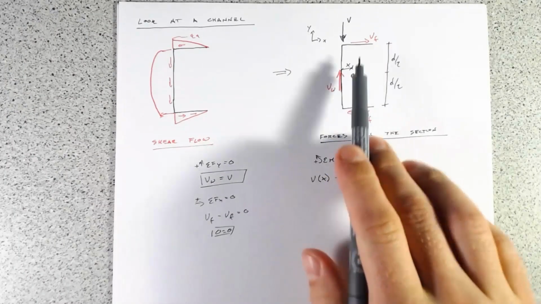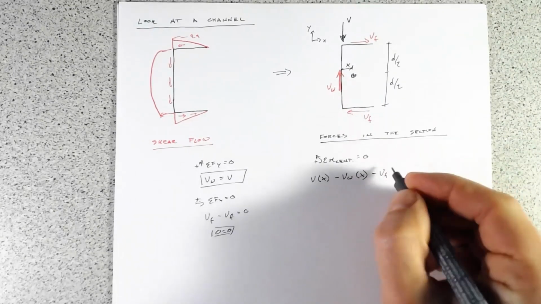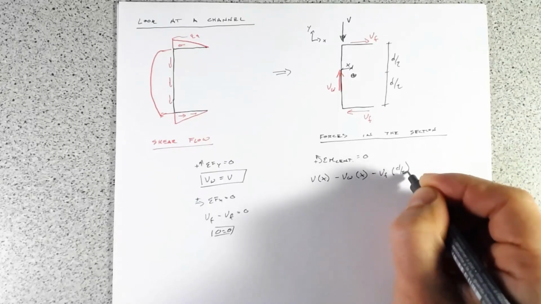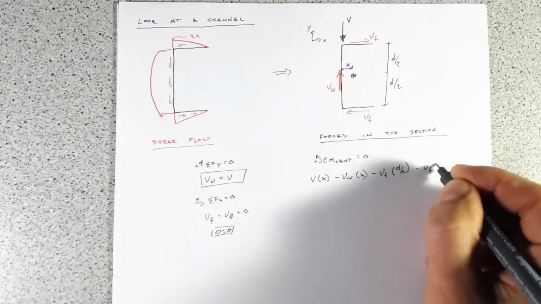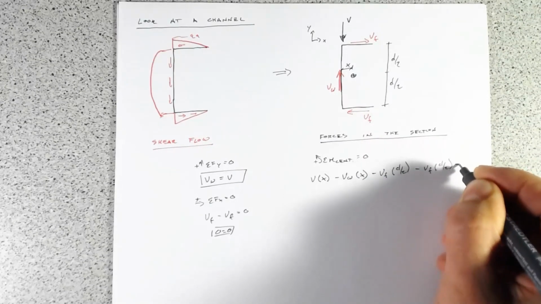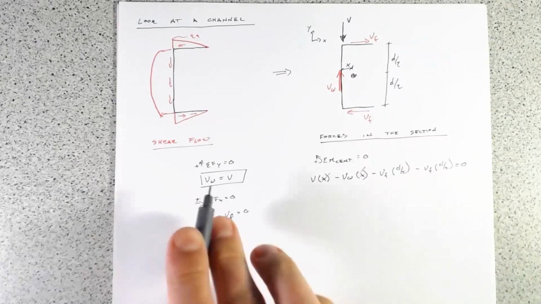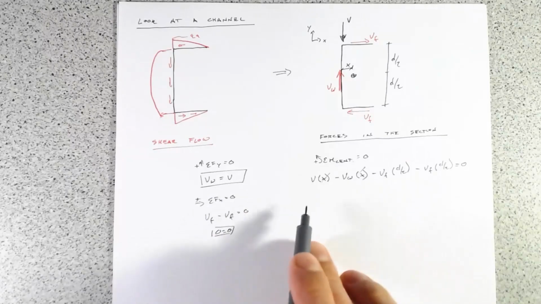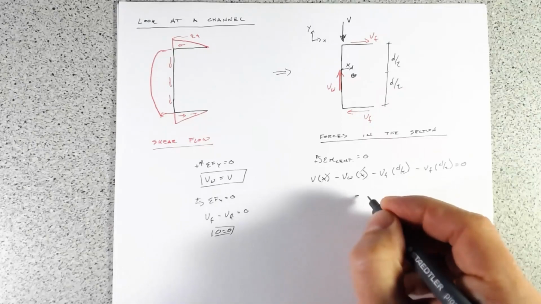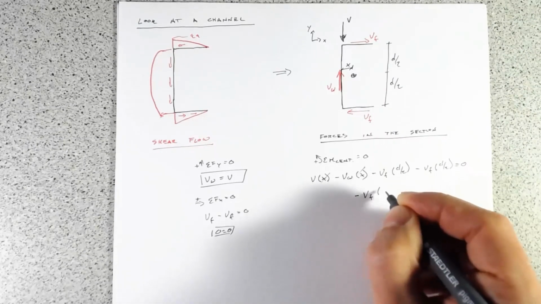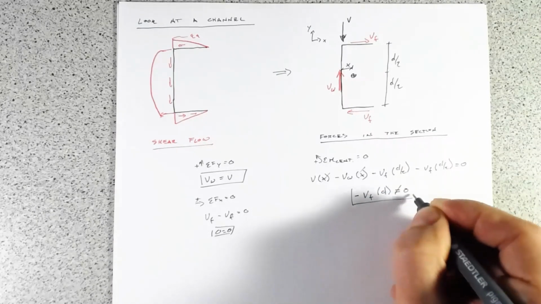Then we have a minus V sub F times D over 2, and then another minus V sub F times D over 2, and that all equals 0. Well, these two cancel because V sub W equals V. And we're left with, we've got two of these, so we're left with V sub F times D. Well, that doesn't equal 0.